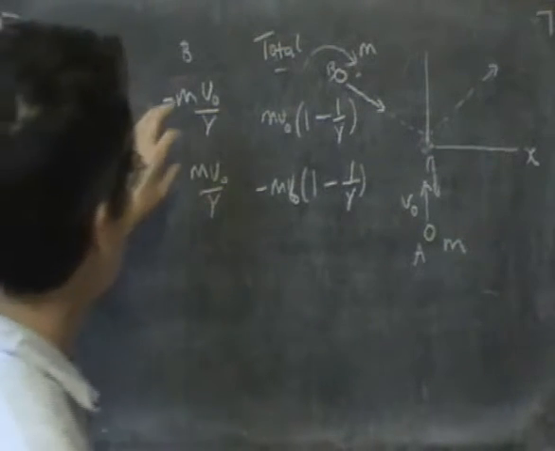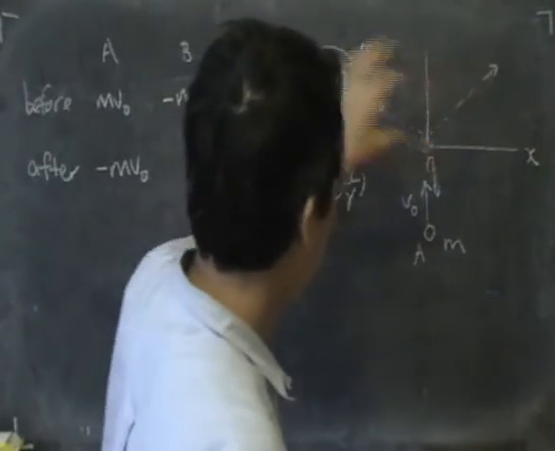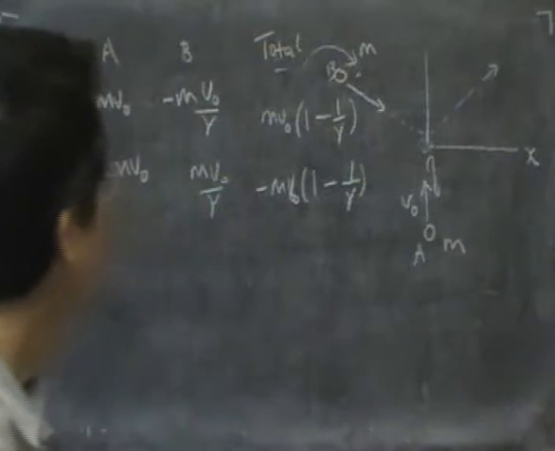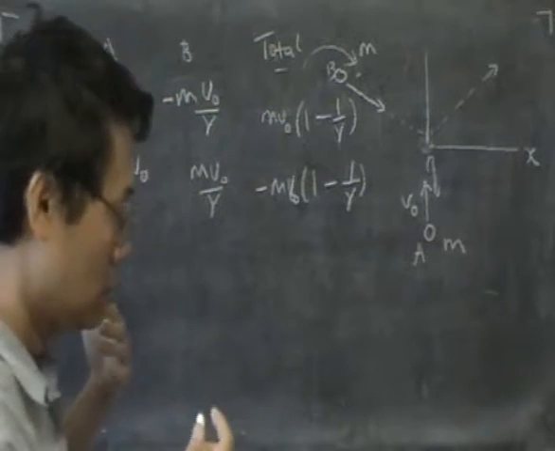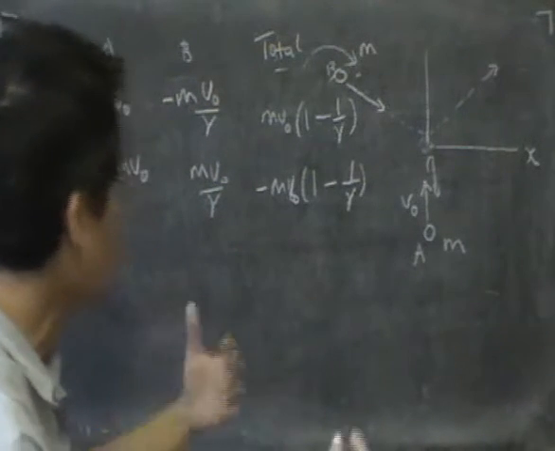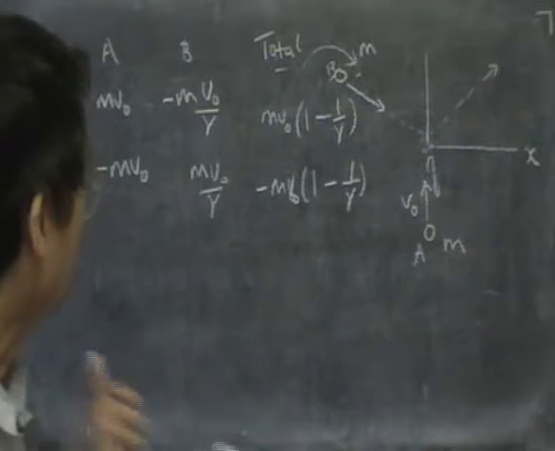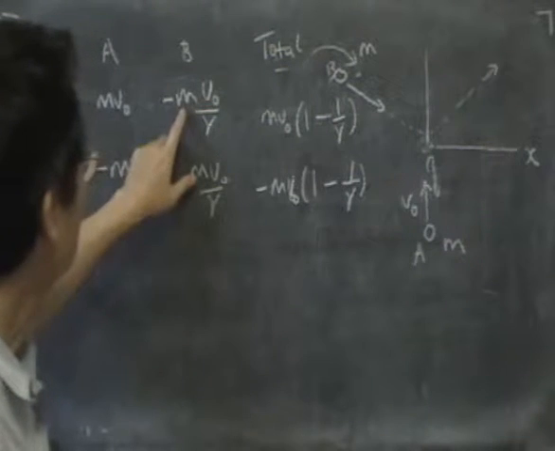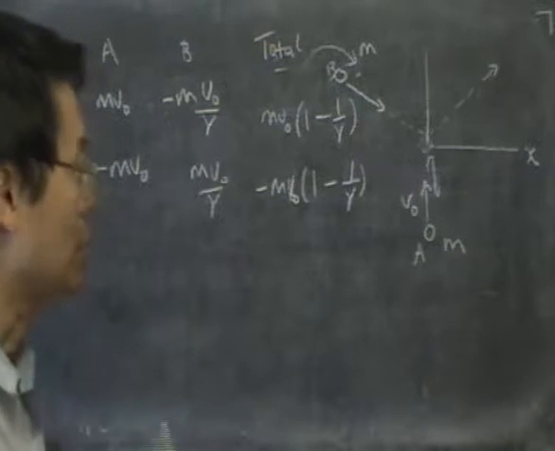Because B is moving to the right, as a result of this motion, the mass of B, let me start again.